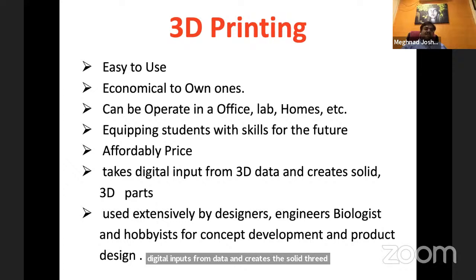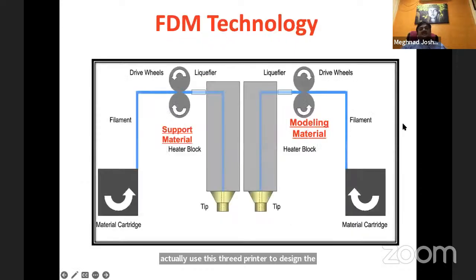So now a lot of designers, engineers, biologists actually use this 3D printer to design products, and it gives a 3D platform for the product. So this is a simple technology which we are using, which is called FDM technology, where you have a material which is driven through wheels, which liquefies, and this is the nozzle where it actually prints at the base.